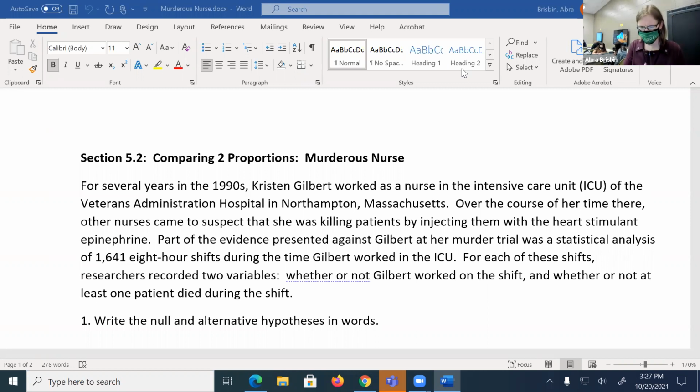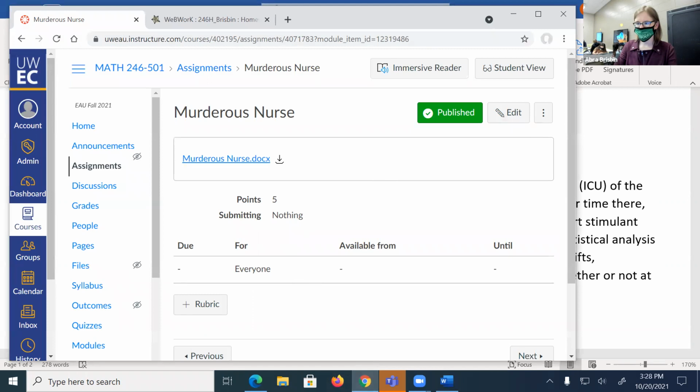Are you sure you're in the two proportions applet or the multiple proportions applet? So it's her working minus the control. How do you know which one's first?